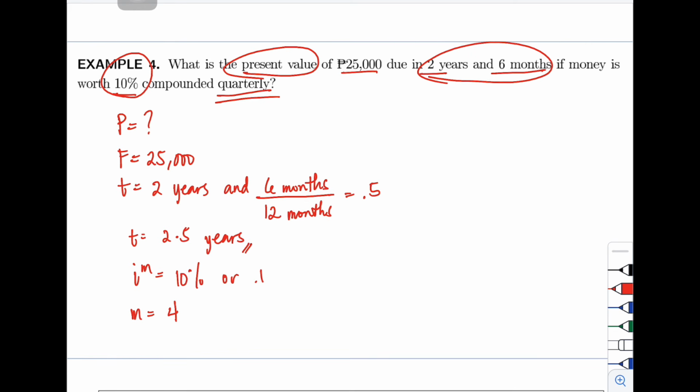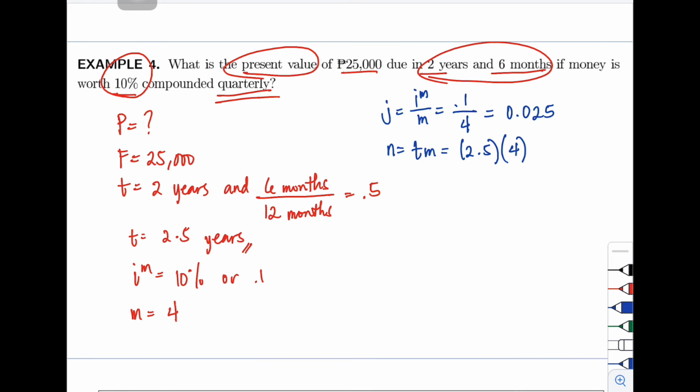So, bago natin magamit yung formula ni principal, ang first move natin guys is to solve for J and N. Ang J natin is equals to nominal rate over M. So, ang nominal rate natin ay 0.1 divided by M, which is 4. So, that is equals to 0.025. Then, ang N natin is TM. Ang time natin, guys, is 2.5 years times M, which is 4. So, meron tayong N equals 10.